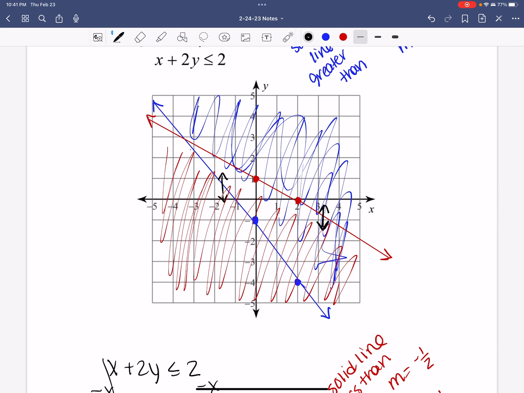Now remember, where they both cross, where it's two colors, let me kind of reiterate it right here. Okay, where both colors are is going to be right here.